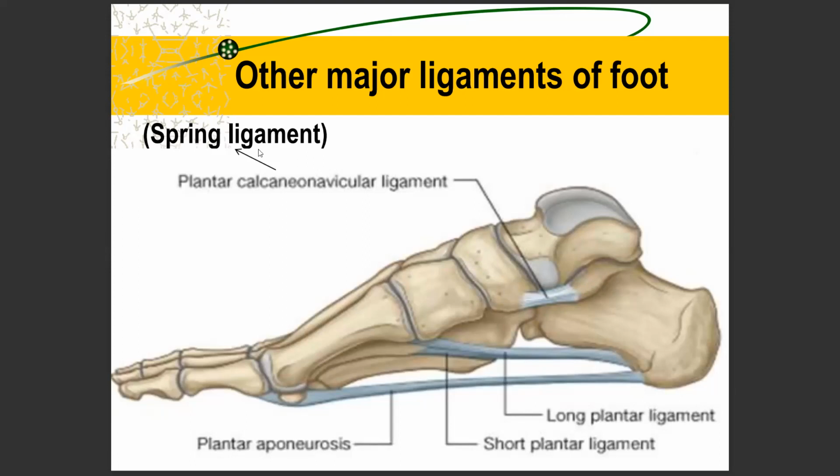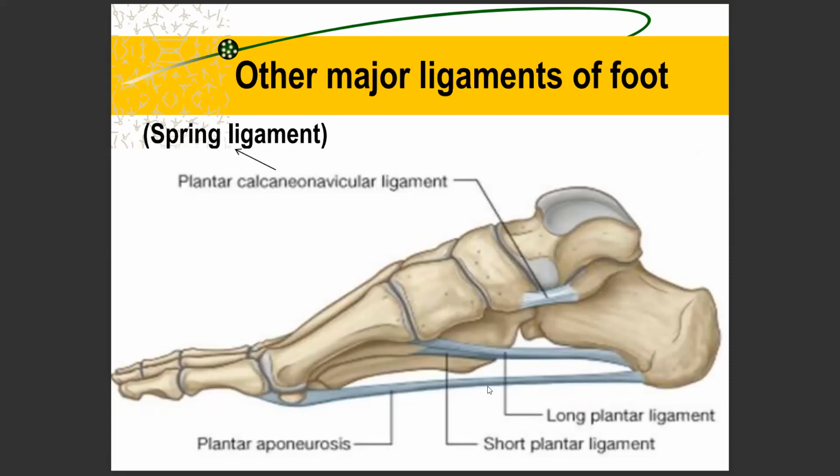This ligament is known as the spring ligament. This is very important to remember. Often a question comes in the exam: which ligament is known as the spring ligament? The plantar calcaneonavicular ligament is known as the spring ligament.